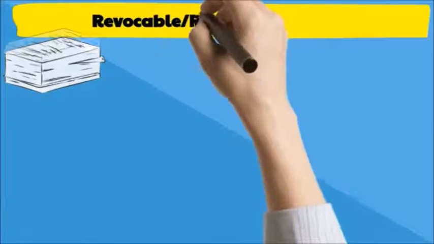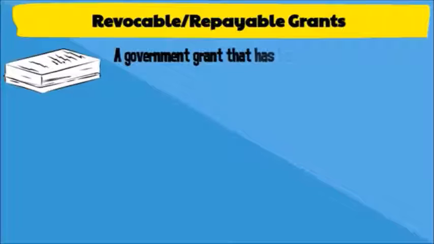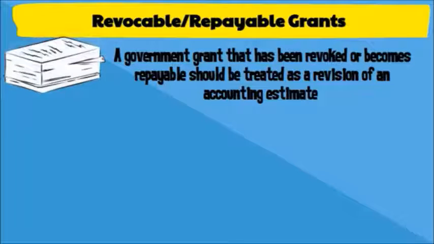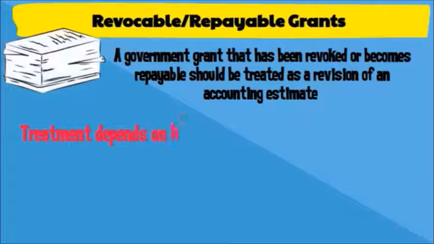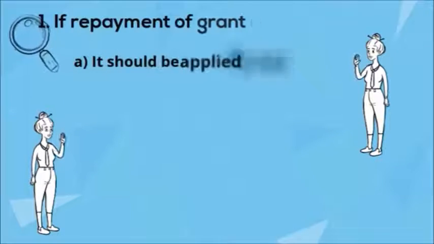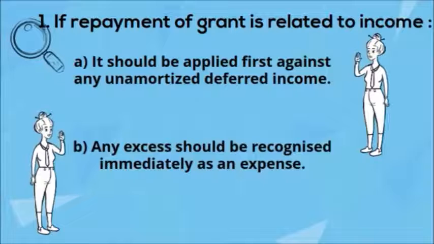Next, let us discuss revocable and repayable grants. A government grant that has been revoked or becomes repayable should be treated as a revision of an accounting estimate. The treatment is dependent on how the repayment is made. First, if the repayment of the grant is related to income, the repayment should be applied first against any unamortized deferred income and any excess should be recognized immediately as an expense.